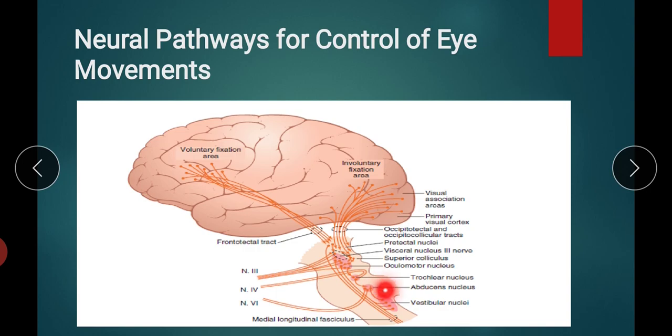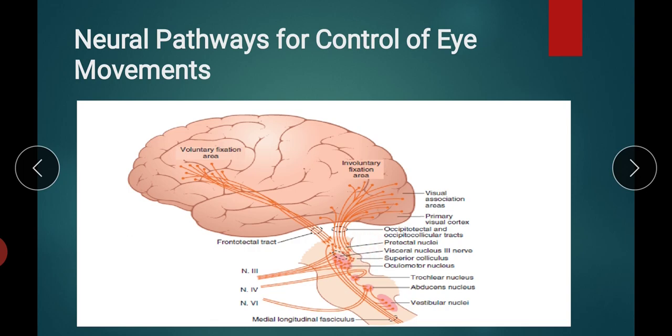So all these are interconnected, but the pretectal nuclei receive fibers from the voluntary fixation area as well as from the involuntary fixation area through the tract known as the occipitotectal tract. Okay, and the superior colliculus also receives fibers from the occipital lobe via the occipitocollicular tract, which ends on the superior colliculi.